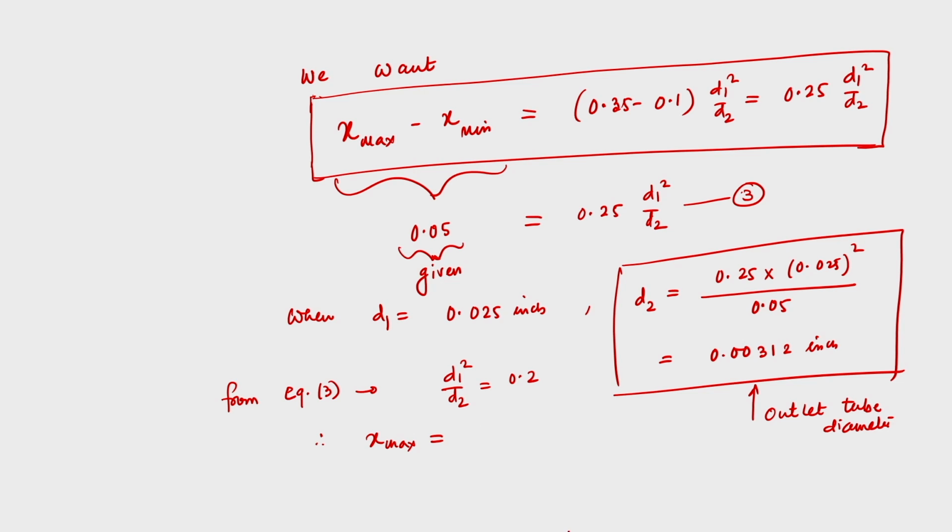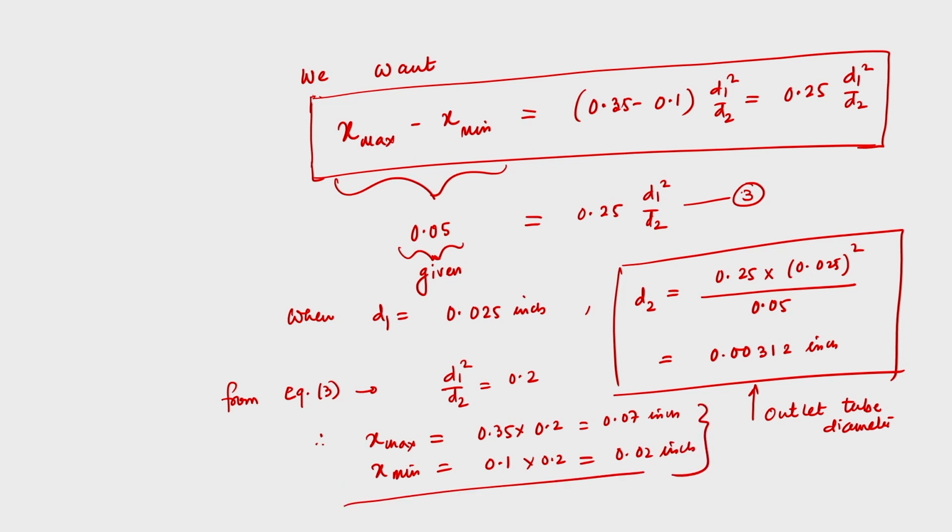X max will be 0.35 into 0.2 and x min will be 0.1 into 0.2, that is 0.07 inch, and this is 0.02 inch.